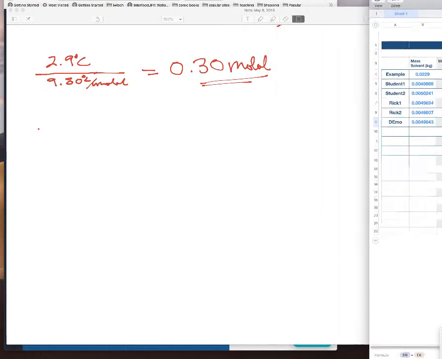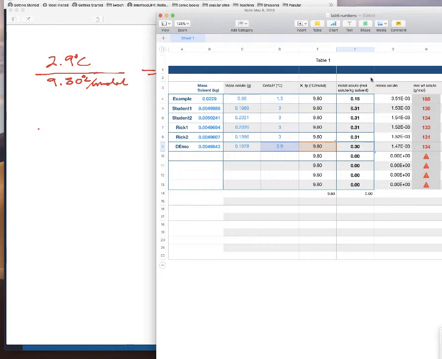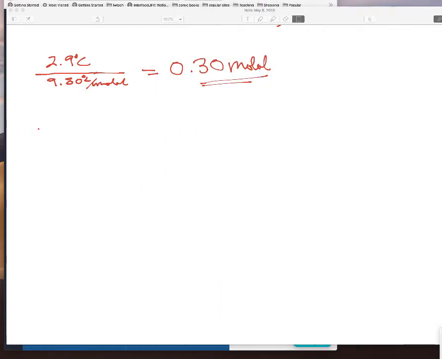The moles of solute we get, looking on our spreadsheet, from F9 times B9. That is the molality we did, which is moles of solute per kilogram of solvent, and then we just multiply it by the kilograms of solvent. Easy enough, right?